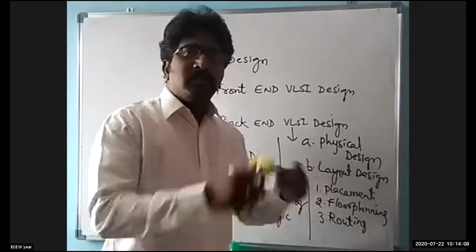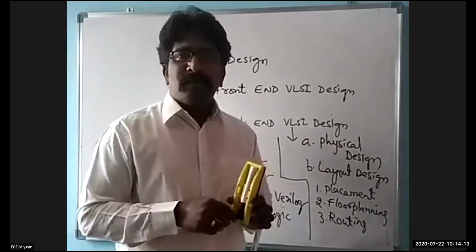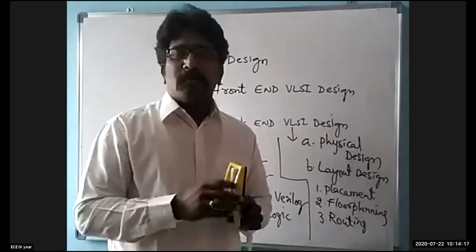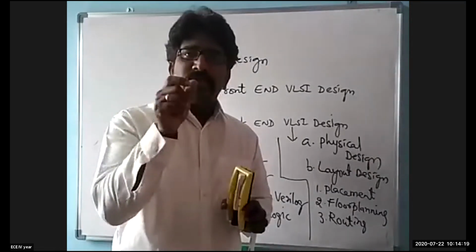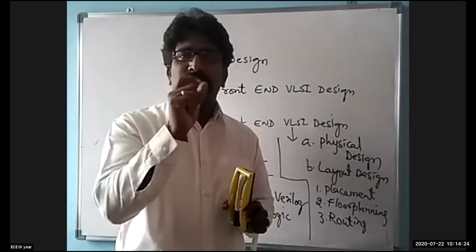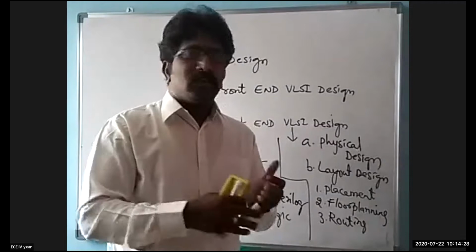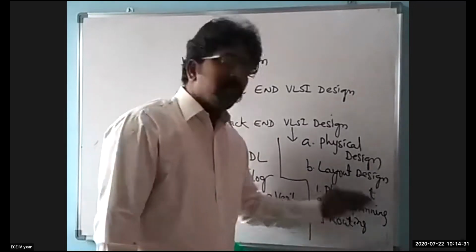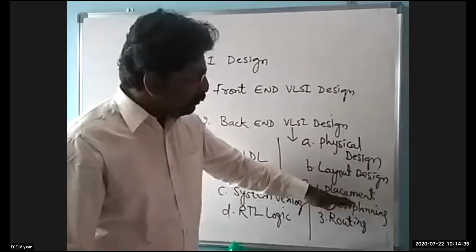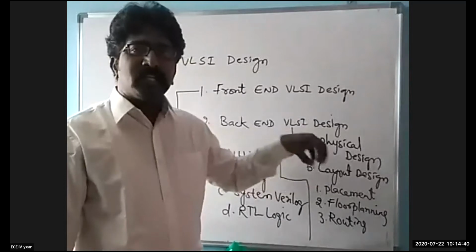Floor planning means if a 1 centimeter die or wafer is given to you, then that 1 centimeter will be divided into some sub modules, and inside each module, if you are trying to arrange the transistors or components like logic gates, that is called placement. Floor planning is dividing the bigger module into sub modules, and placement means you're talking about the components which are to be placed inside the sub modules.